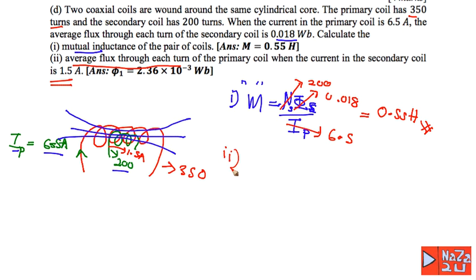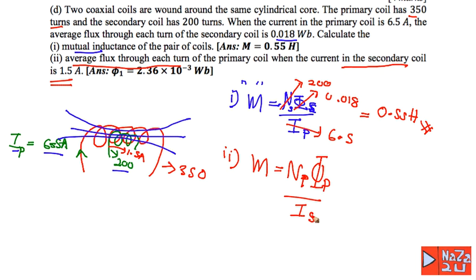Number 2. So still you use the equation. Mutual inductance is, for the primary, the number of turns of primary and the flux through the primary coil, divided by the current flowing in the secondary coil, because the question asks for when the current in the secondary coil is given.